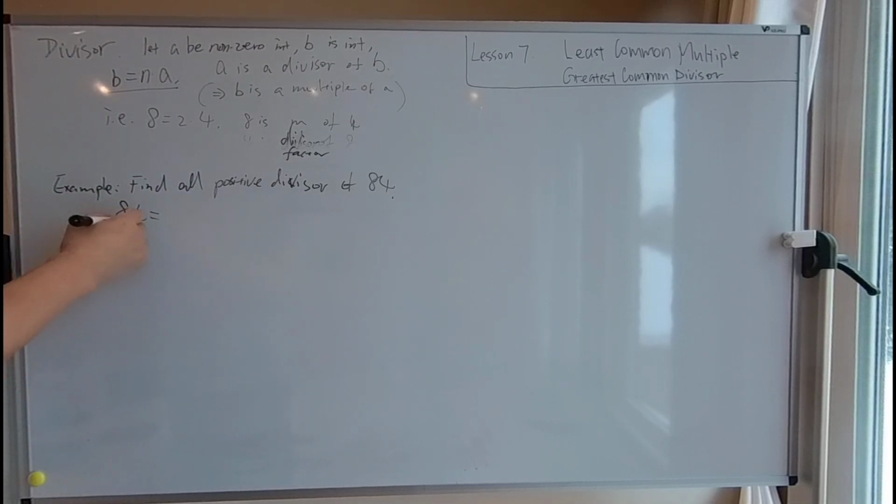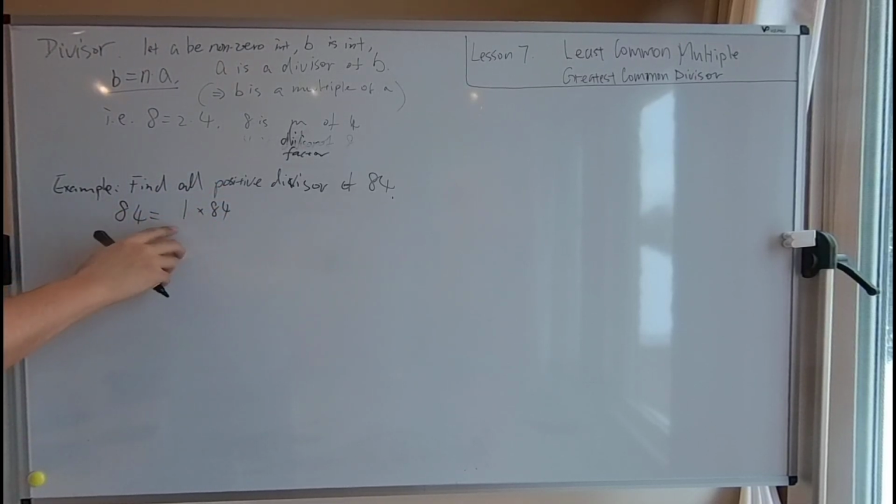So of course, first of all, remember what I learned in the past. You can always start from the smallest integer 1, because every number is divisible by 1 and itself, and then you can try from smaller to greater, and all the factors are coming in pairs, so you don't have to try it all the way to 84. You only need to try it up to the halfway, because the factors come in pairs, and up to there you will be finding all the divisors.